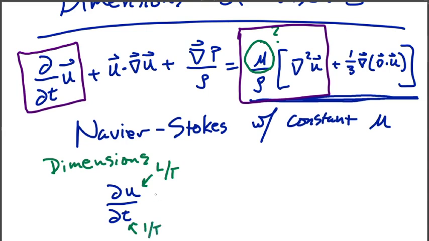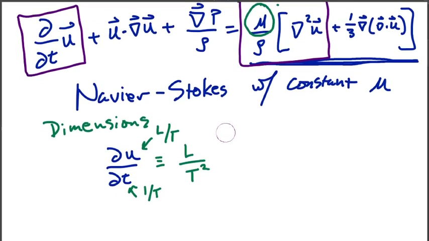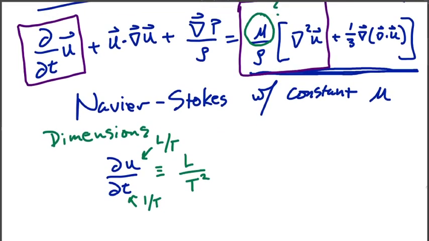So the dimensions of this thing are length per time squared, which is the form that the partial with respect to t on u takes. Okay, so let's collect our other system here.